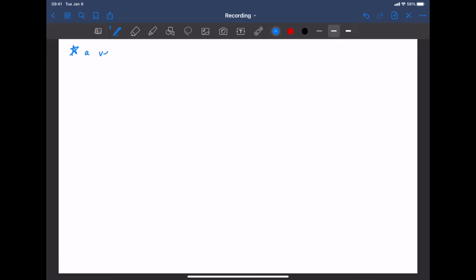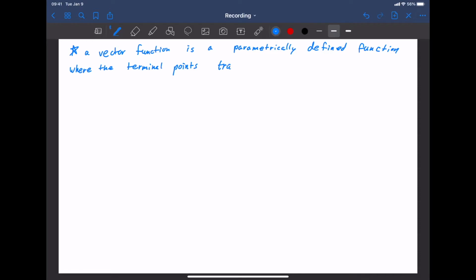A vector function is a parametrically defined function where the terminal points trace a curve in 3D.